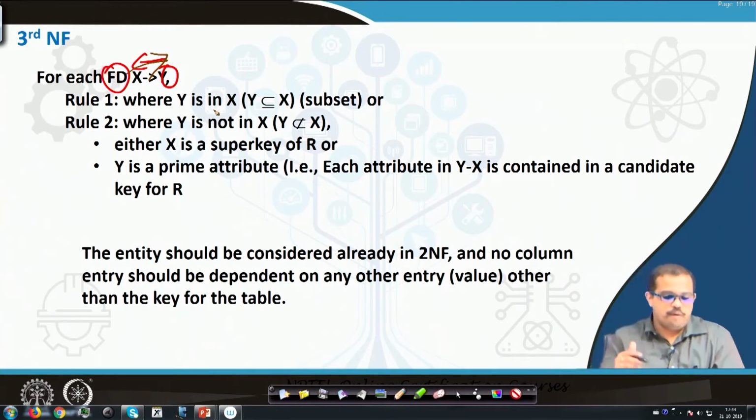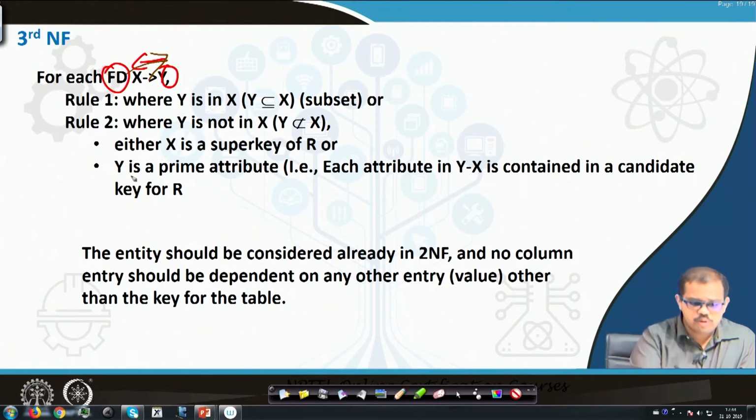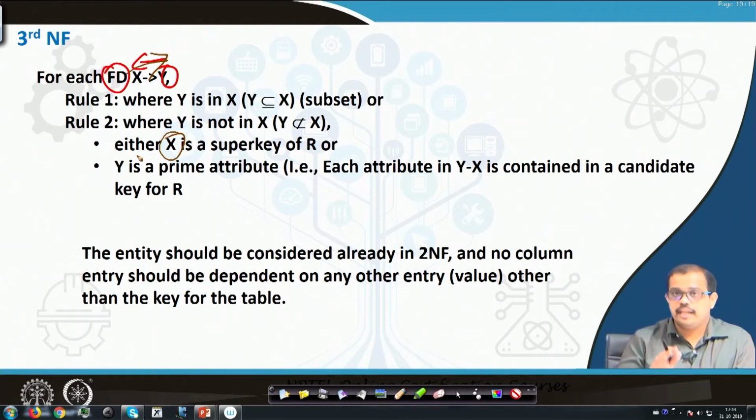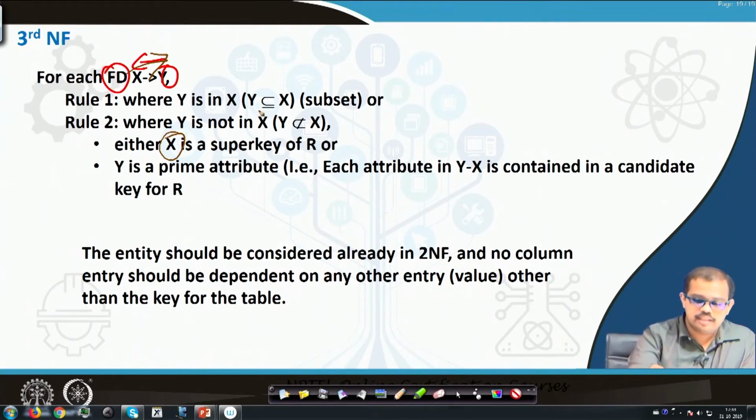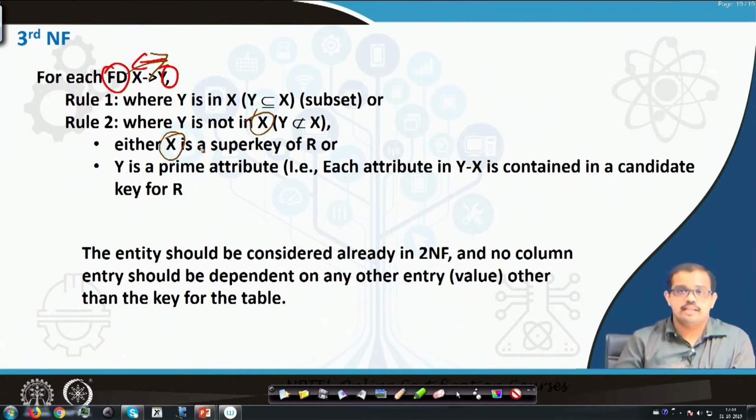the third normal form, which means in rule number 2, if x is a super key of R, R is a relation, the entity relationship value.